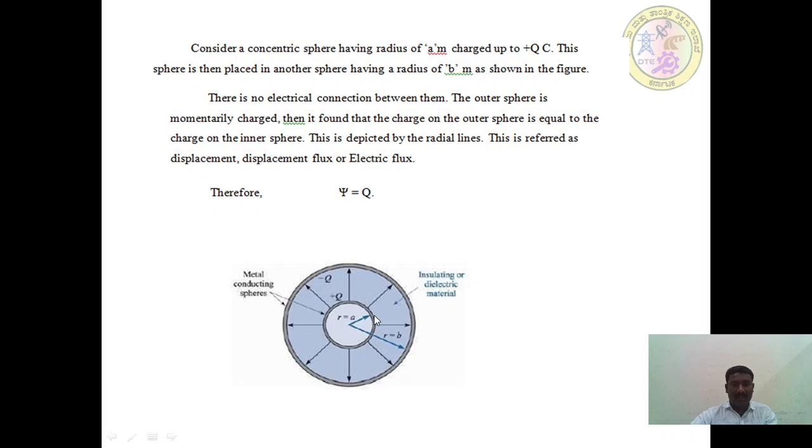Okay, after some time, see, the inner sphere is charged with a positive charge and the outer sphere is grounded, there is no charge. After placing this inner sphere having a positive charge, in the outer sphere there exist negative charges in this outer boundary, without the electrical connection, and there exists an insulating material.